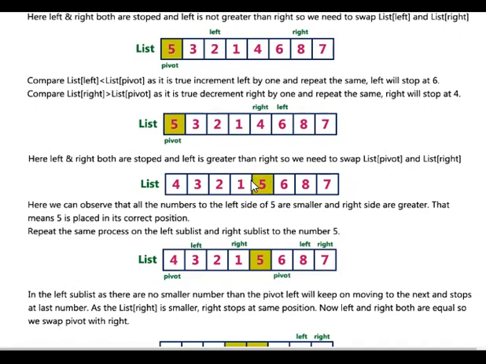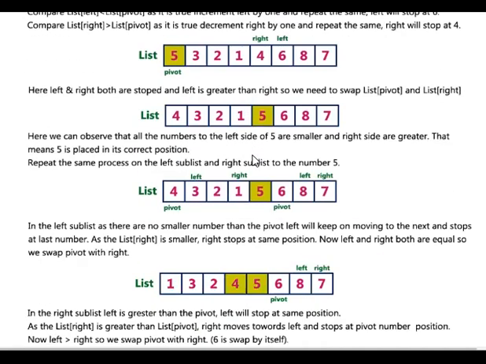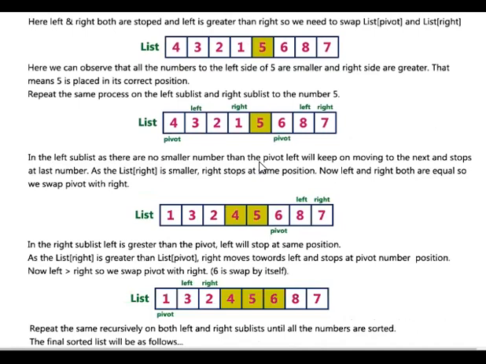Now it is placed in the correct position for partitioning the numbers. Then we have to sort recursively the left side and the right side for rearranging the positions and ordering the list.